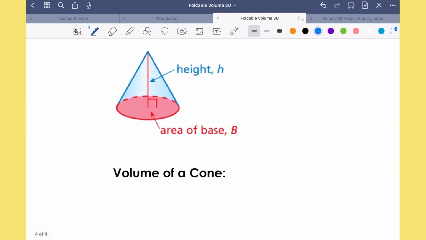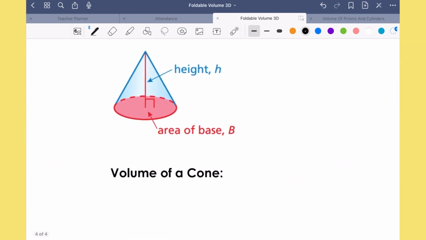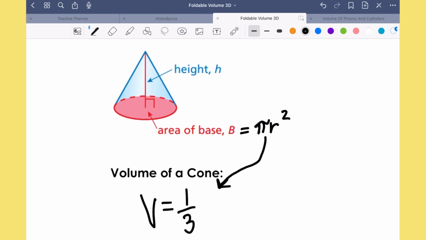For a cone, it's following the same format. Volume equals 1/3 area of the base, but for a circle, the area of the base is equal to pi r squared. And so in our formula, we take that pi r squared and we plug it in here.